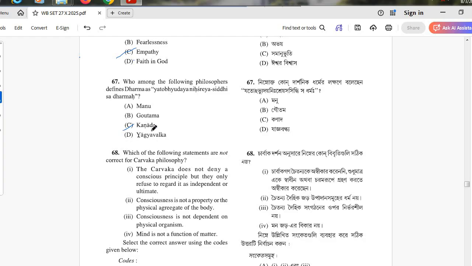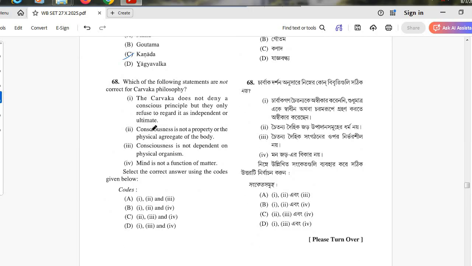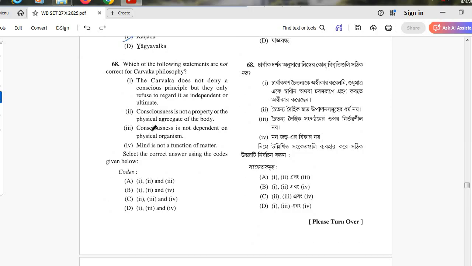Question 68. Which of the following statements are not correct for Charvaka philosophy? 1. The Charvaka does not deny a consciousness principle, but they only refuse to regard it as independent or ultimate.